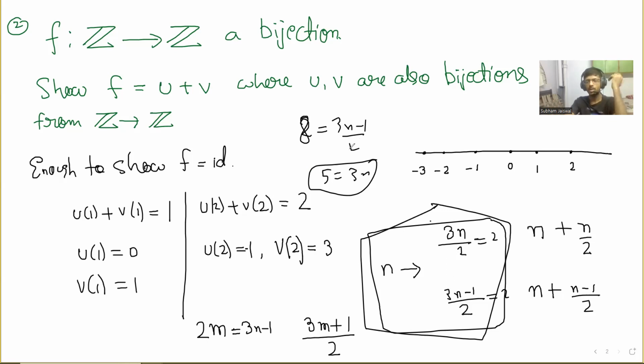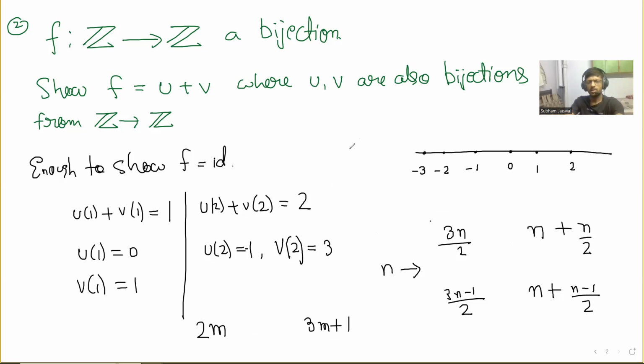It's not surjective. 6k plus 2 will not work. Okay, so wait. It has to be a constructive solution. Let's think about it.